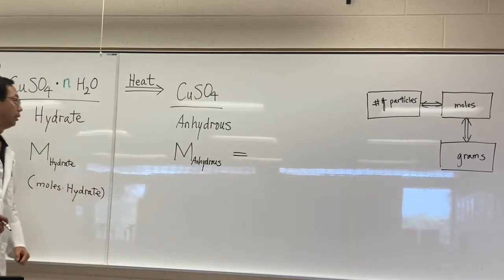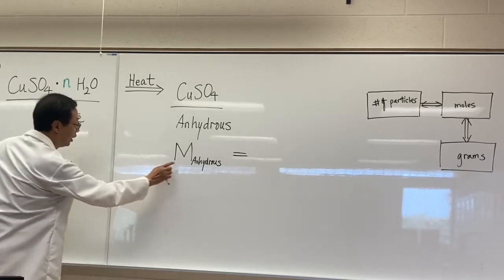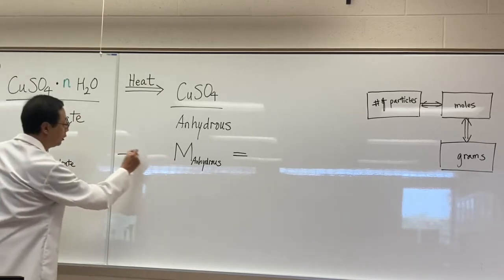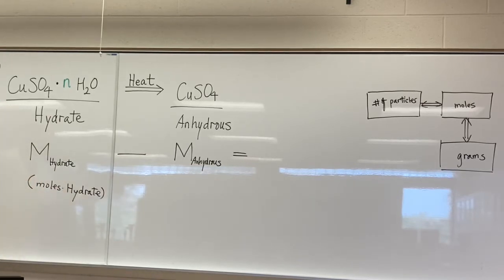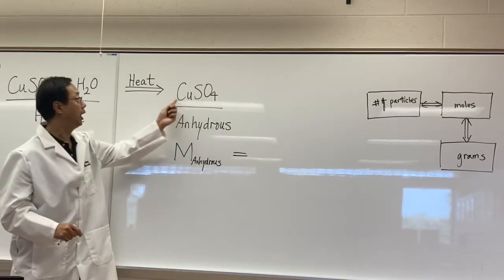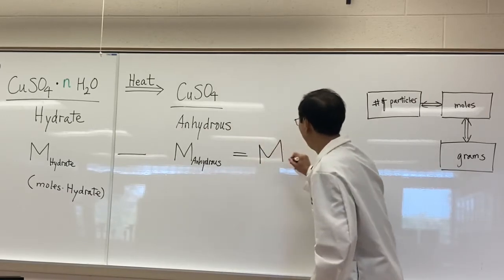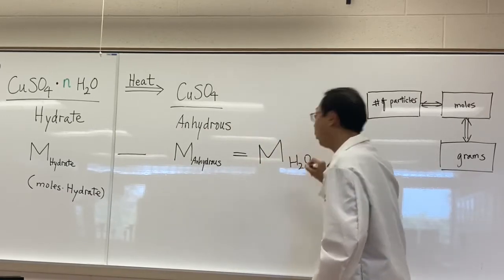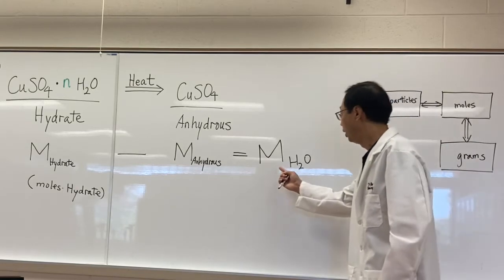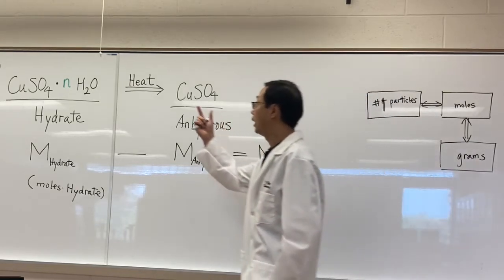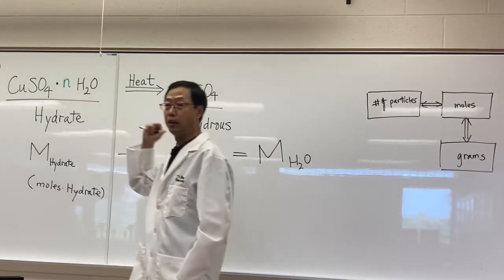Then we are going to subtract the mass of anhydrous from the hydrate. Mass of this one minus the mass of that will equal the mass of water. So this is the water inside the original sample before.